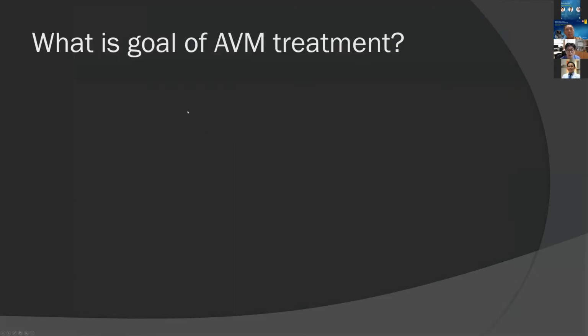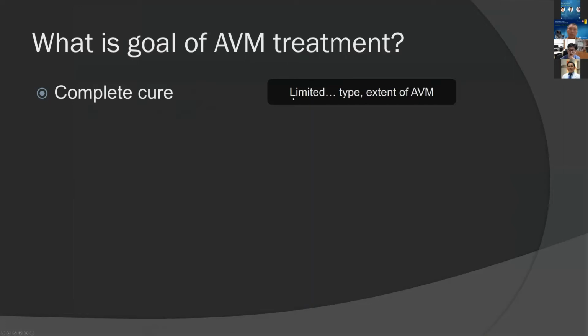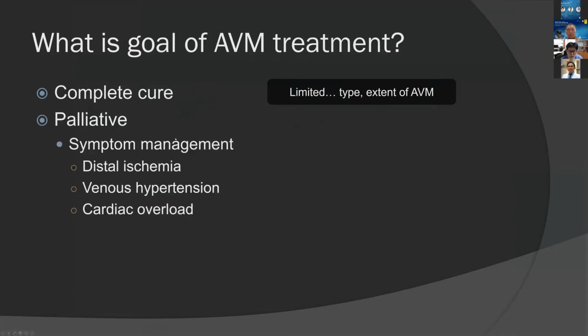And then, what is the goal of the AVM treatment? Complete cure is not so common, but it is limited according to the type of the AVM and the extent of the disease.